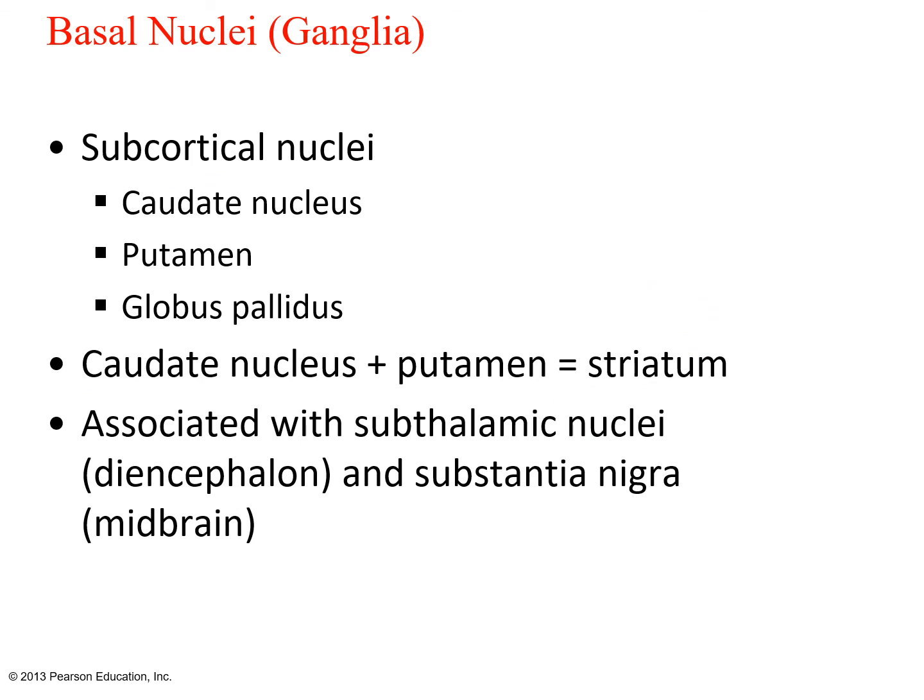The next thing that we're going to talk about are the basal nuclei, sometimes called the basal ganglia. Now, this is really unfortunate that some of them are called the basal ganglia, because one thing that I've told you in a prior lecture is that nuclei is a name for a collection of cell bodies within the central nervous system, and that ganglia is a name for a collection of cell bodies in the peripheral nervous system.